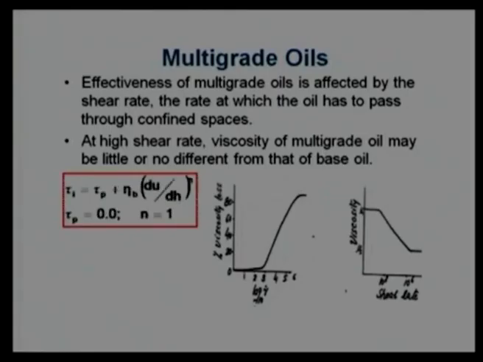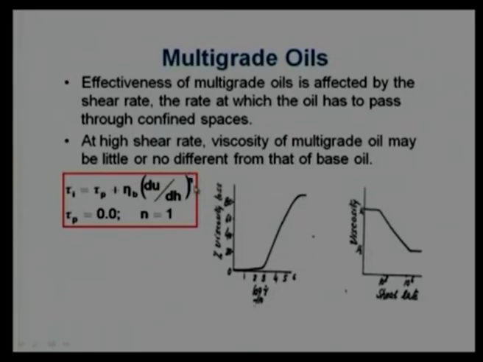Mathematically, this can be expressed the way we have treated this as a semi-solid lubricant. Say the interface shear strength due to the multigrade oil can again be given by tau i. As some initial shear resistance is required to flow, it may be 0 also, and viscosity plus this is going to change.